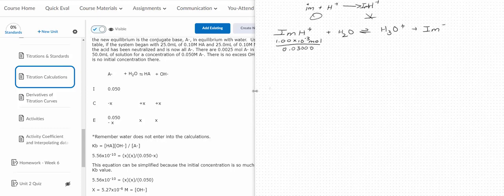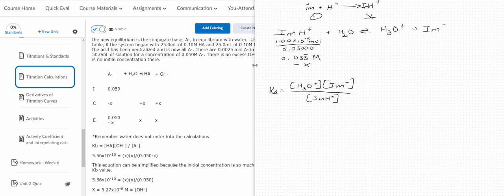So my Ka expression will be the concentration of the hydronium ion times the concentration of the imidazole divided by the concentration of the protonated imidazole. So I do need this concentration. And this concentration works out to be 0.033, and that repeats, capital M, molar.